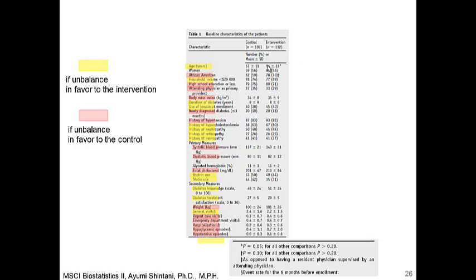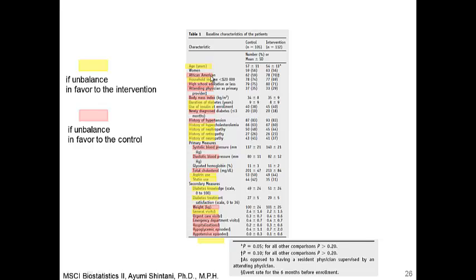The younger people probably have a better prognosis, so I put yellow here. And here, 70% of the intervention group are African American compared to 59%. So this difference is happening in favor of the control group, assuming African American is a risk factor for higher HbA1c.